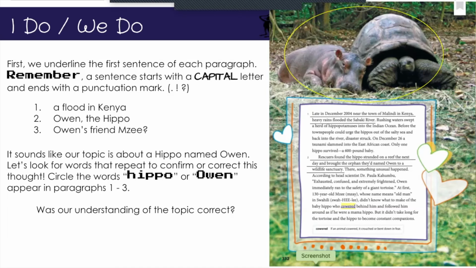Remember, sometimes our thinking from the first 3 paragraphs might not be 100% spot on. That's okay. That's just when we need to go back and make sure to correct our understanding to make adjustments as we're reading and become more knowledgeable.